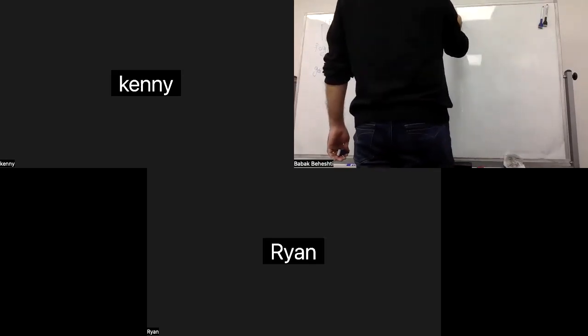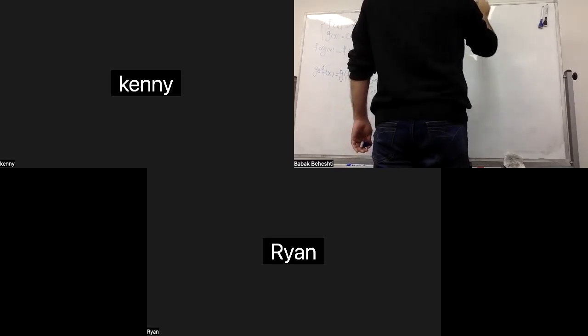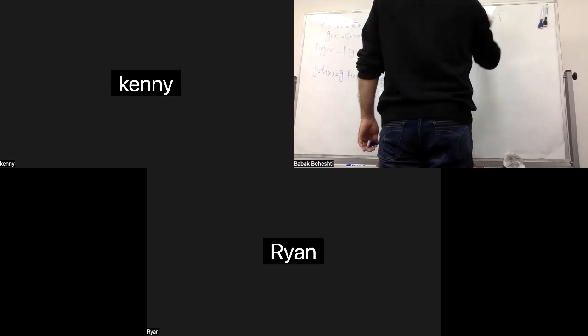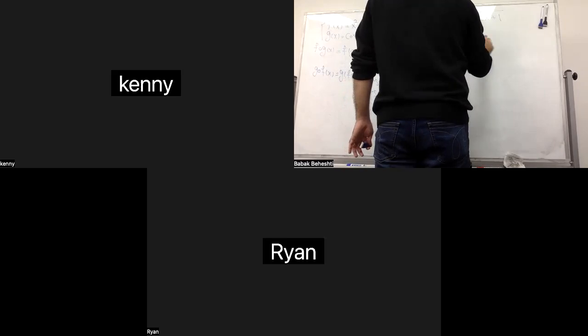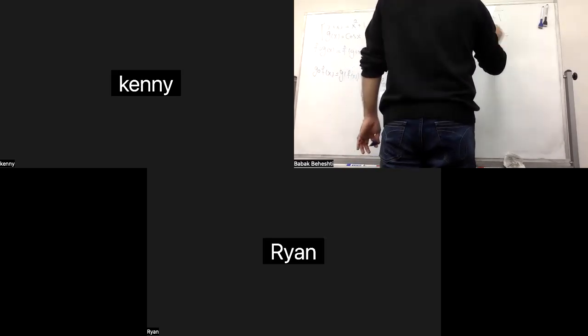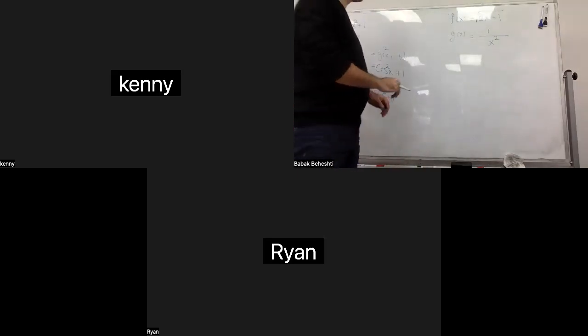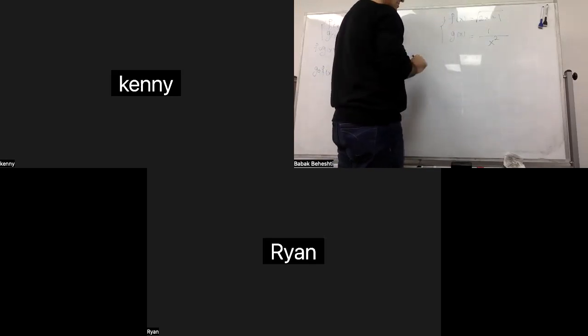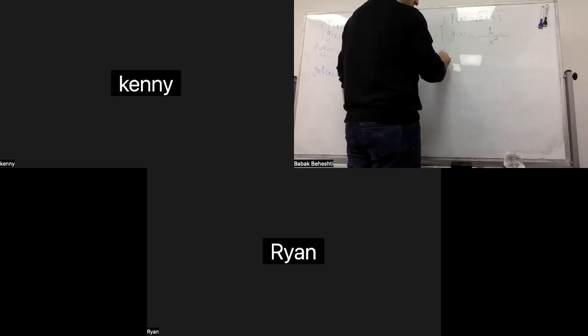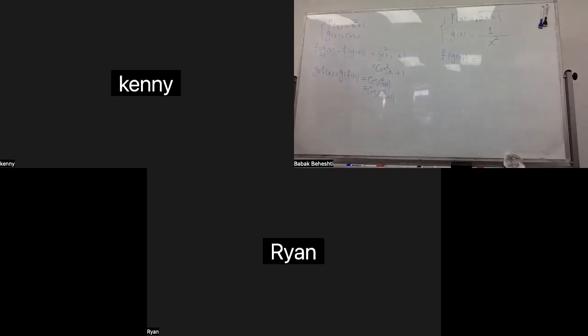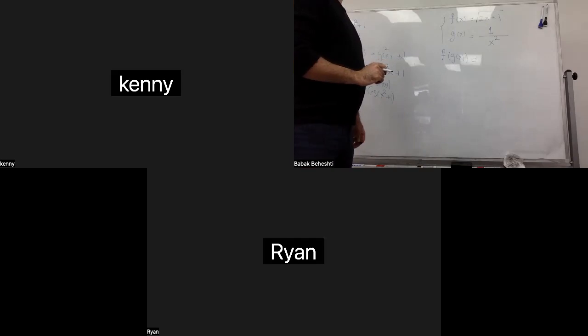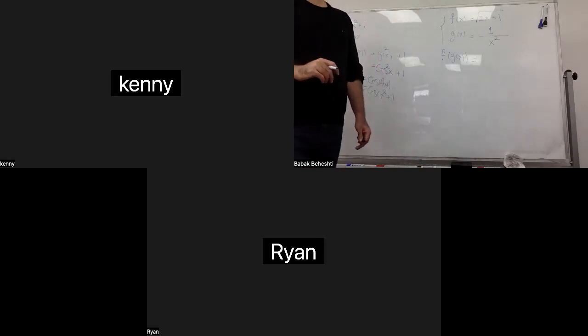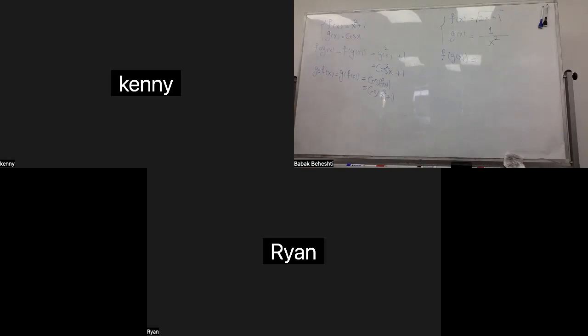So now I give you another example. If f of x is square root of 2x plus 1 and g of x is 1 over x squared, tell me what is f of g of x?